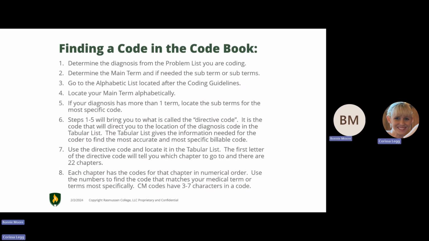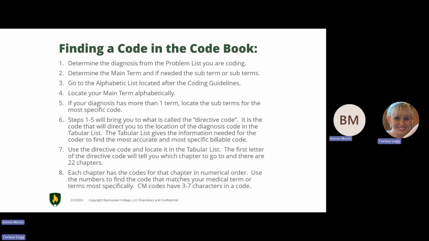Then you use the directive code to locate the final code in the tabular list. The first letter of the directive code, because they always start with a letter, is going to tell you which chapter to go to, because each chapter contains codes with certain letters. Most chapters have one letter, some have 2, and there's a total of 22 chapters.